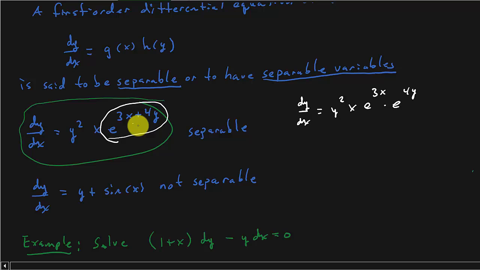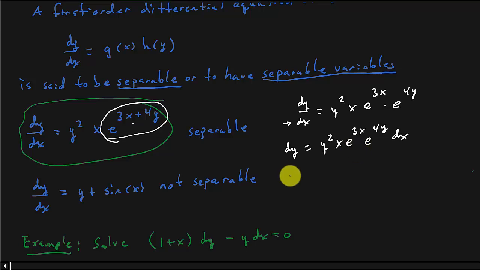So now I've got dy is equal to y squared x e to the 3x e to the 4y dx. I just multiplied the dx to both sides. And now I'm going to divide everything by y squared e to the 4y. This is a 4y here that kind of looks like an x, but that's a y.